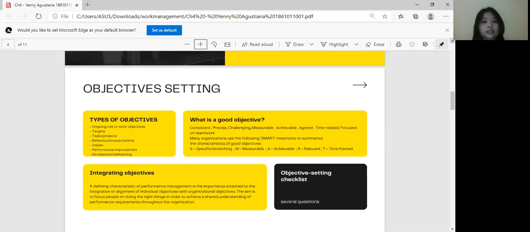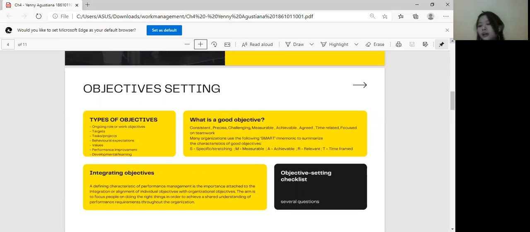The second is the target, an objective that defines the quantifiable result to be attained, measured by output, throughput, income, sales level, service delivery, cost reduction, and reduction of the reject rate. After that, task or project objectives can be set for the completion of a task or project by specifying the date and achieving interim results.